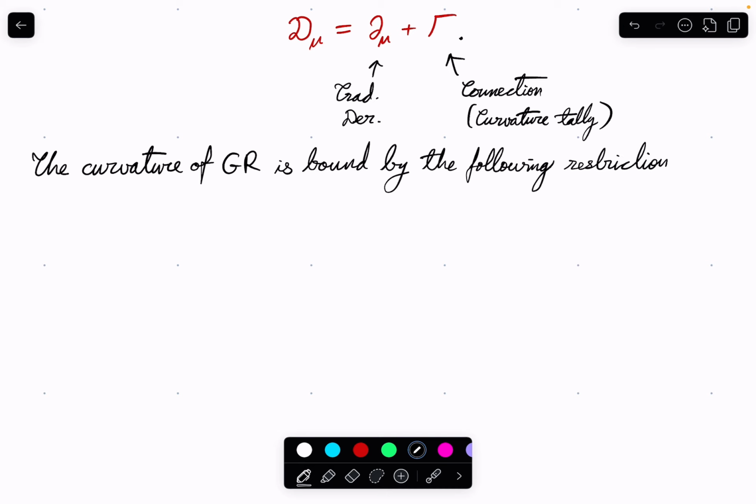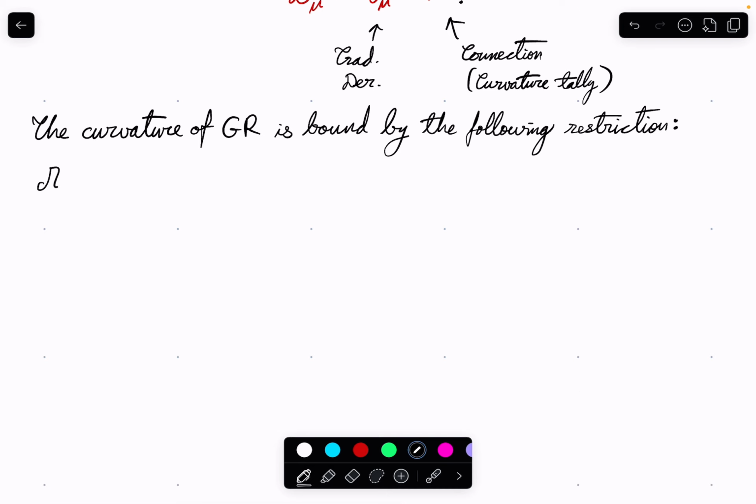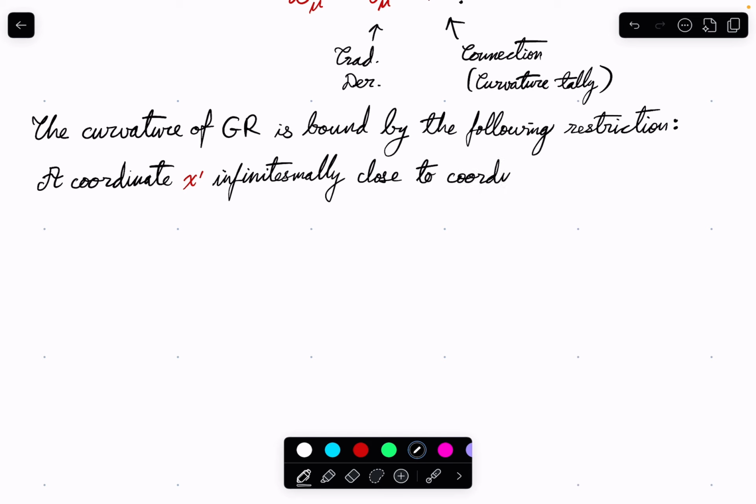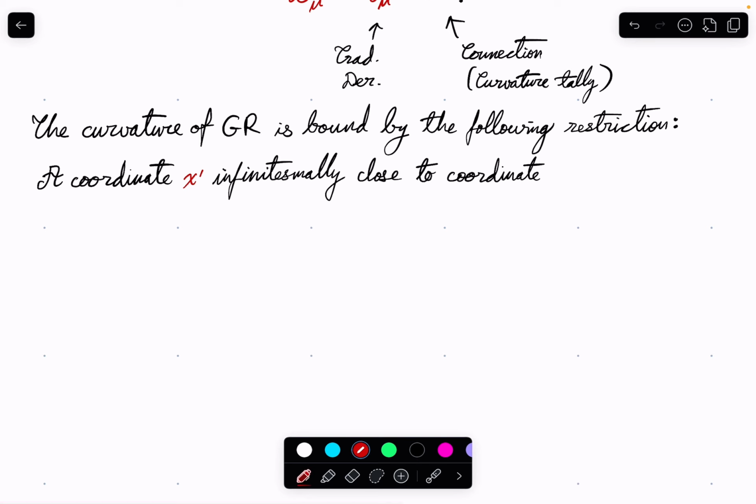Namely, a coordinate x prime infinitesimally close to coordinate x is related via a Lorentz transformation, or specifically via an infinitesimal Lorentz transformation.